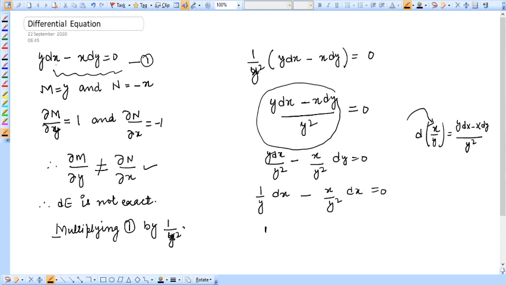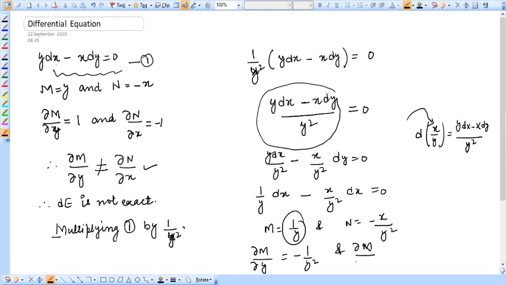Here now M is equal to 1 over y and N is equal to minus x over y square. So ∂M/∂y is equal to the differentiation of this, which is minus 1 over y square, and ∂N/∂x would be, y being constant here, minus 1 over y square.